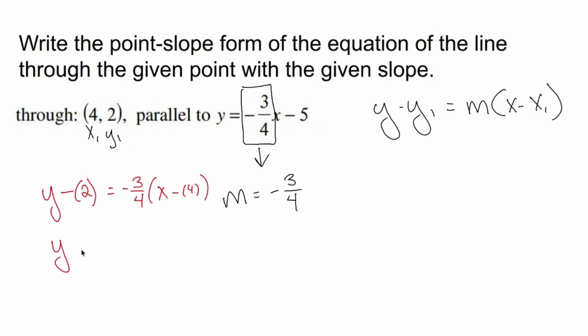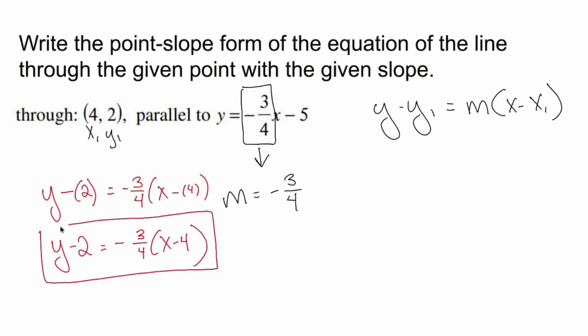I don't need them. Drop down y minus 2 equals -3/4. X minus 4 is x minus 4. And I have my guy. Now that looks like it should be wrong because y is not all by itself, but it's not. Point slope form looks like that, and that's what we end up getting.